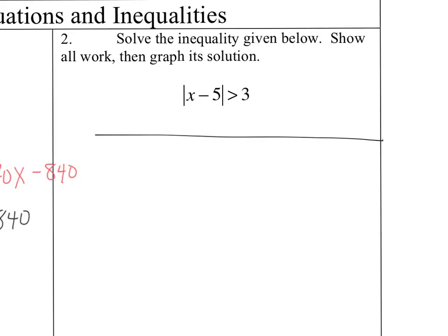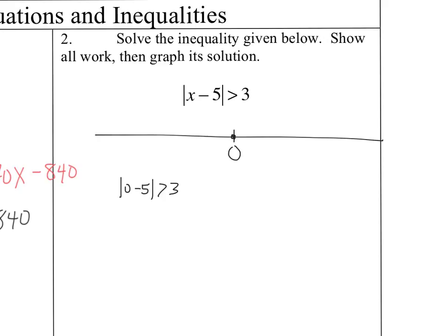What I'm going to do is to choose some points and see if they work. Okay, I'm going to plug in 0 first, and I get 0 minus 5 is greater than 3 in absolute value. That's true because negative 5, absolute value makes it positive 5, so 0 actually works. Okay, I guess that's kind of interesting.